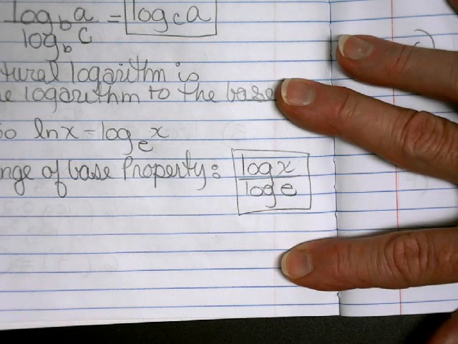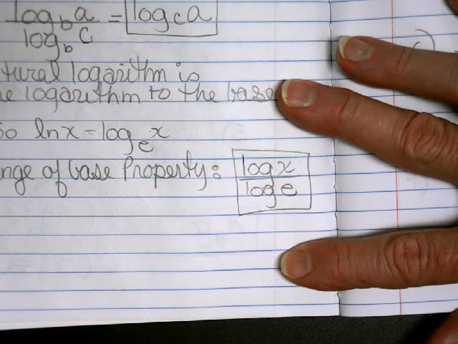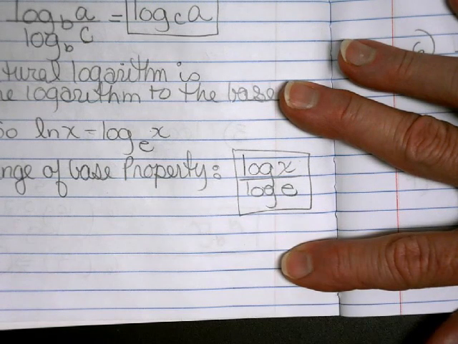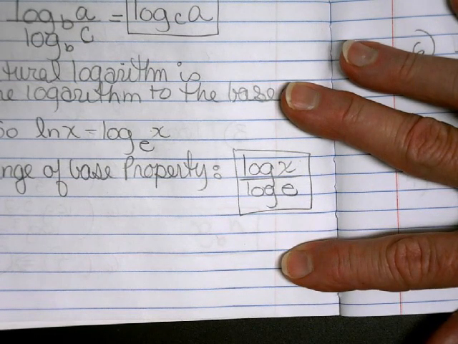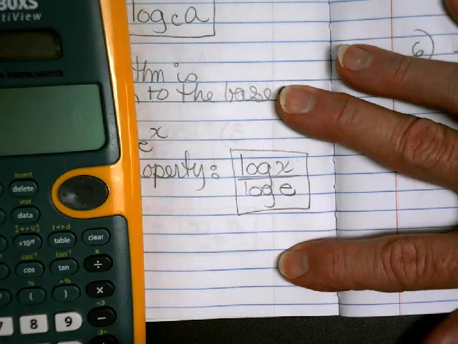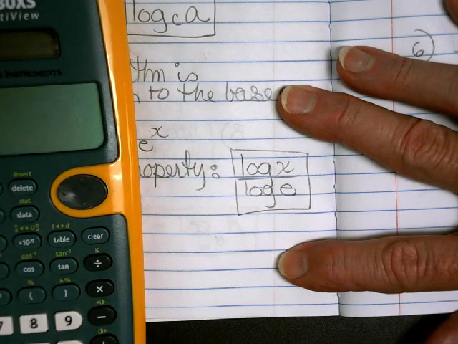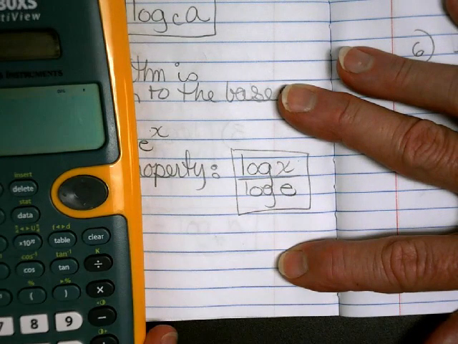That's all just typed in with letters. This expression then can be evaluated for a given value of x just using the common log and e key on the scientific calculator.